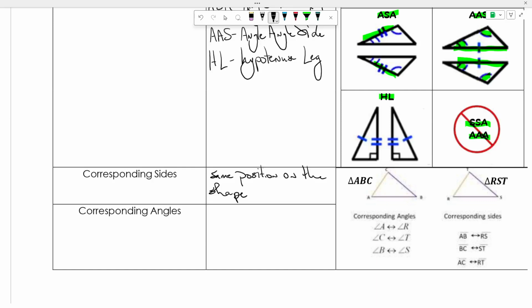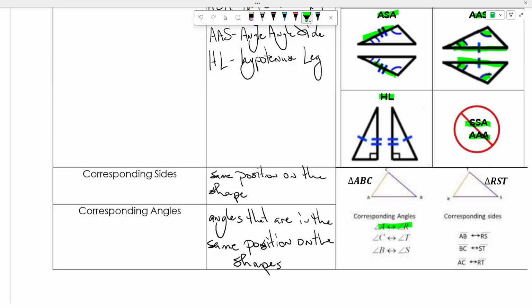And corresponding angles are the angles that are in the same position on the shapes.